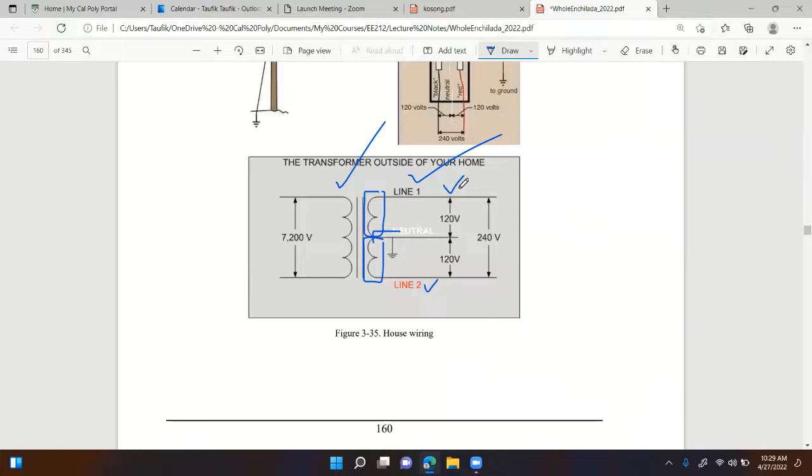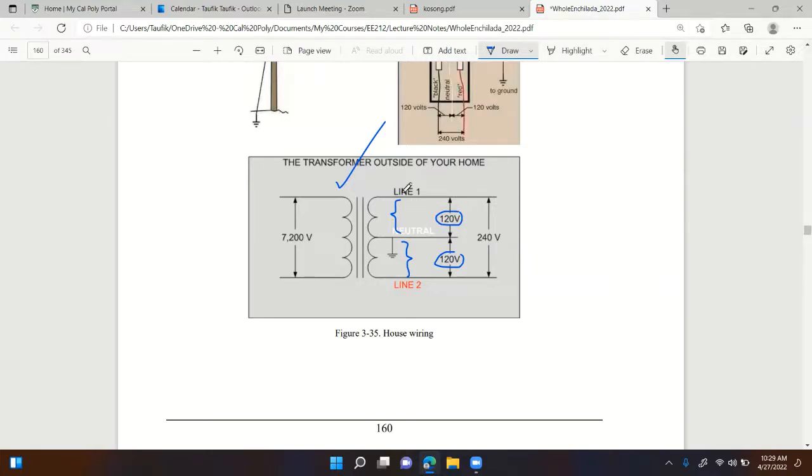You could have the 120 volts, going from any line to the neutral, right here. That would give you 120 volts. This would run, for example, lighting and the standard wall plugs, which would be 120 volts.